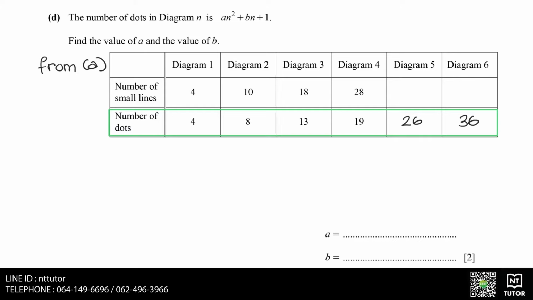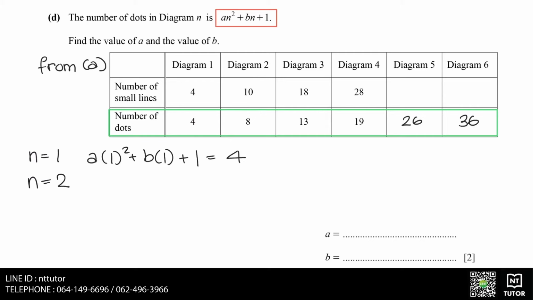So what the question is saying is that an squared plus bn plus 1 is the nth term for this sequence. If it's the nth term for this sequence, this means that if we substitute n equals 1 into that expression, we should get 4. And if we substitute n equals 2 into the expression, we should get 8.